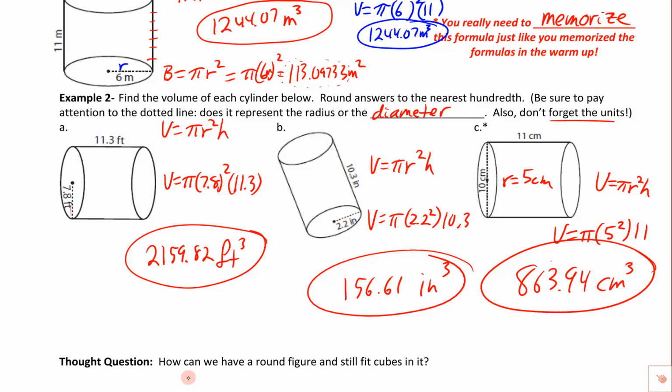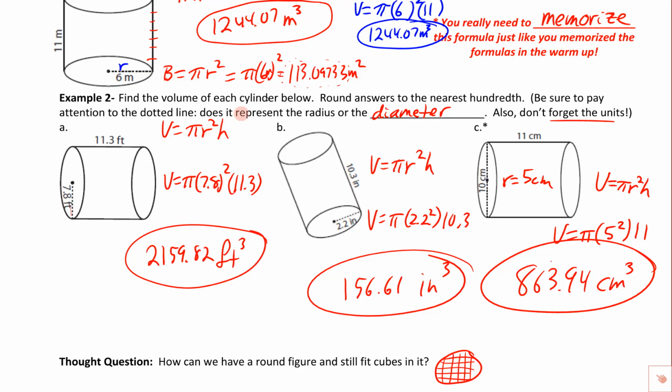Now, some people usually say, well, wait a minute, how can we have square units when we're finding area if we've got a round figure? Well, what we're doing on something like this is we're going to chop this up and figure out, so we'll do the circle right here. These each are little squares that fit entirely inside, but if I've got a part of a square and a part of a square and a part of a square right here, what we basically do is we count up fractional parts or decimal parts of squares, and then we add them together.